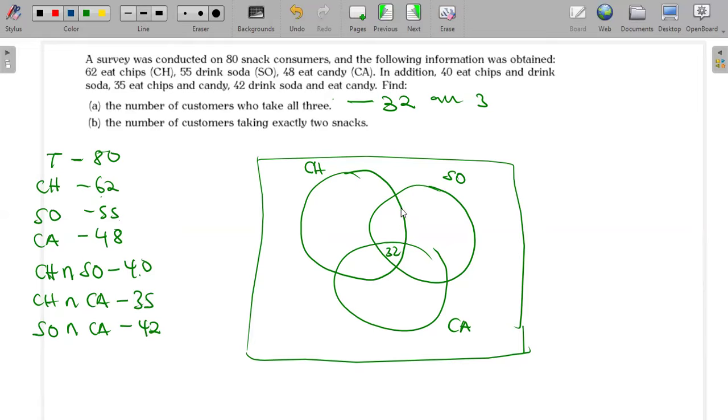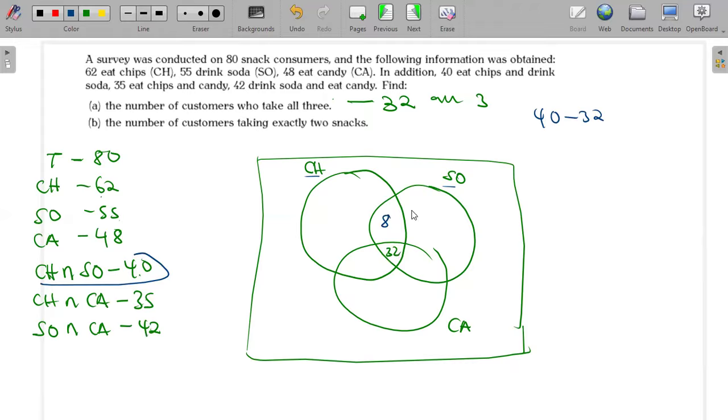Then I want those that take chips and soda only. They're the ones that will fall here. I look at chips and soda, there's 40, so 40 minus 32 gives 8.